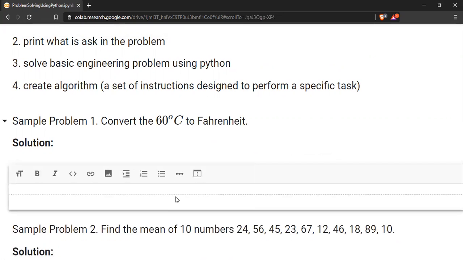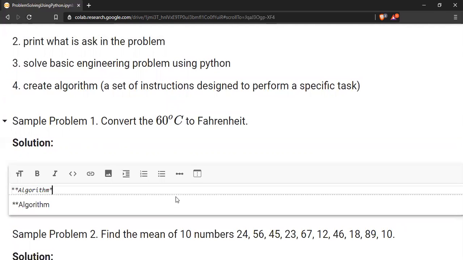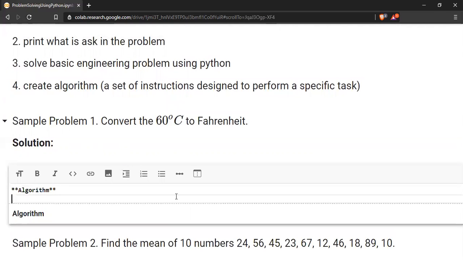So this is my algorithm. By the way, this is just a text file. In my algorithm, I will start solving the problem by assigning a variable to the temperature.